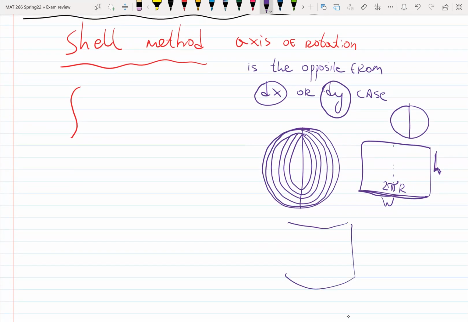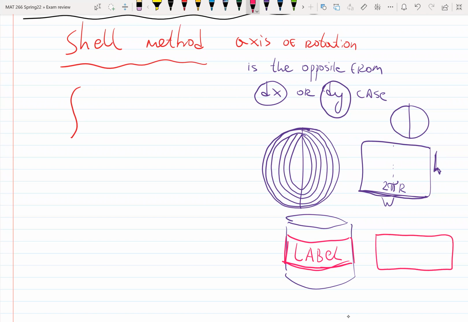That's why they like this example so much, because it is very visual. We all hold at least one kind of can in our hands. If you take this label and unfold it, it will be a rectangle with the circumference as your width. So the formula is 2 pi r times h, and the width is always this dx or dy from A to B. So this is the idea.